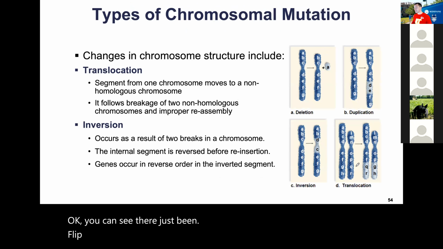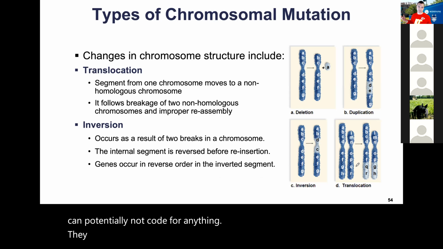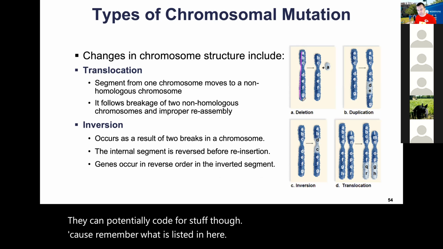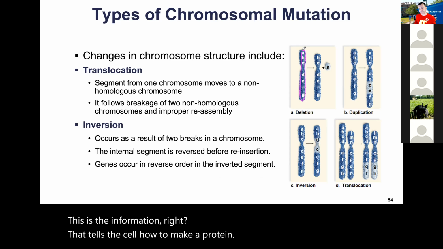Some of these don't do a thing. These mutations can potentially not code for anything. They can potentially code for stuff, though. Because remember, what is listed in here? This is the information that tells the cell how to make a protein.